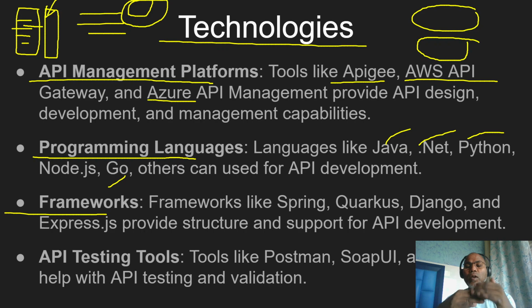Let's say Java has lots of frameworks that help us design APIs, such as the Spring framework and the Quarkus framework. Using the Java programming language, you can build a REST API using Spring Boot or Quarkus in different approaches.